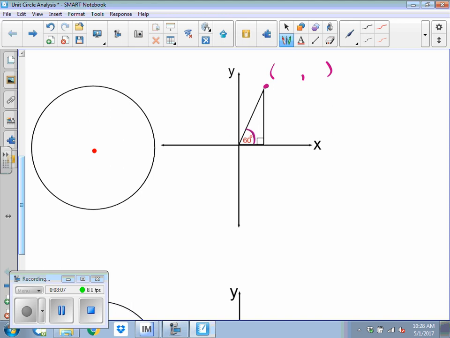My 30-degree angle is at the top right here, correct? That's my 30-degree angle. So the 1 always goes directly across from the 30-degree angle. So that is here. Where does 2 go? The hypotenuse. And across from the 60-degree is square root of 3.